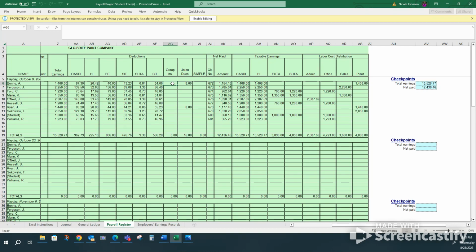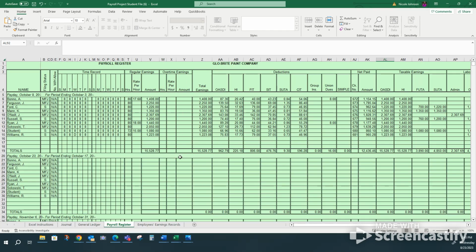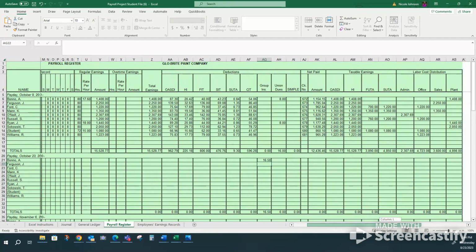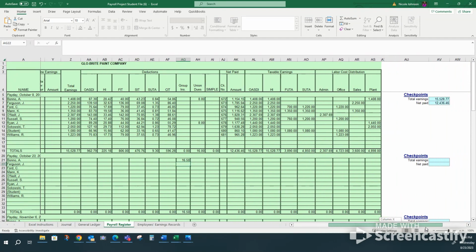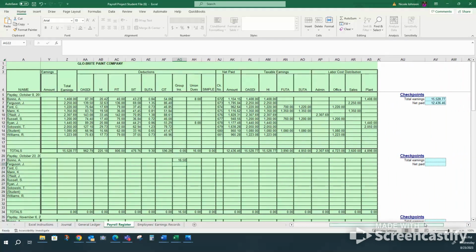If we multiply 55 by 0.3, we arrive at a deduction of $16.50. We're just going to go ahead and put this down here for when we come to it later. Those will only be the last paycheck of each month. It will not take place on the October 9th payday.